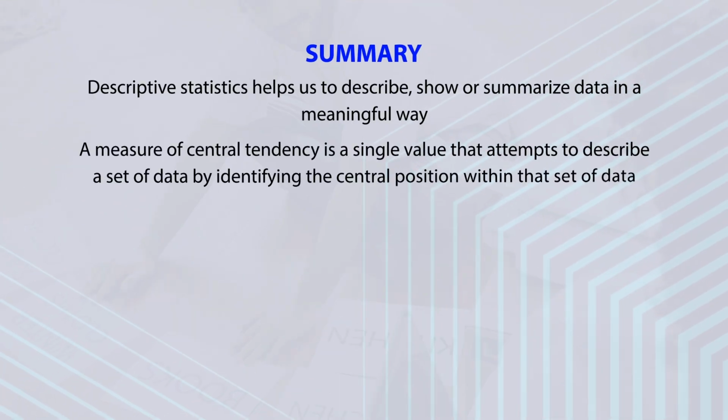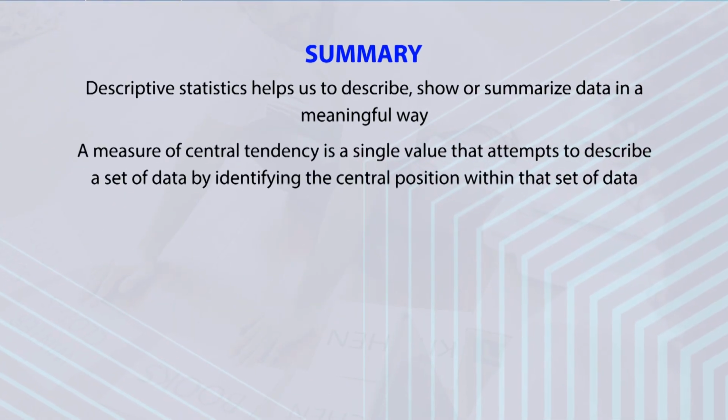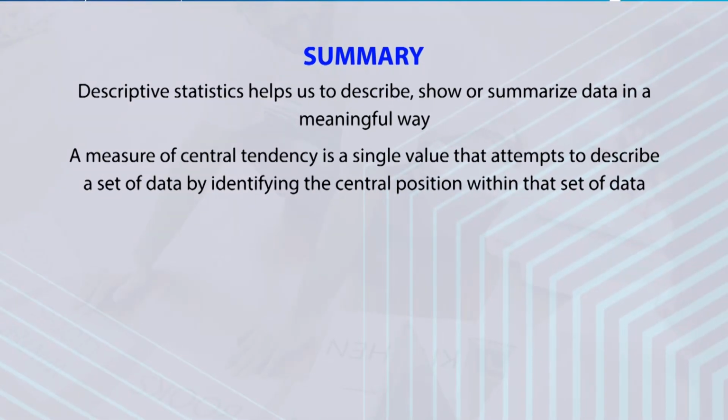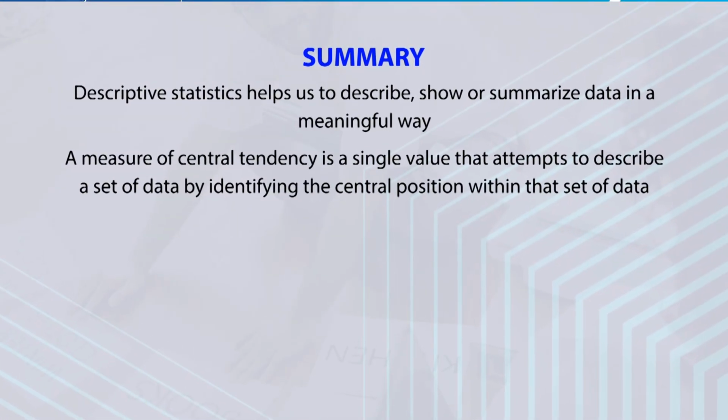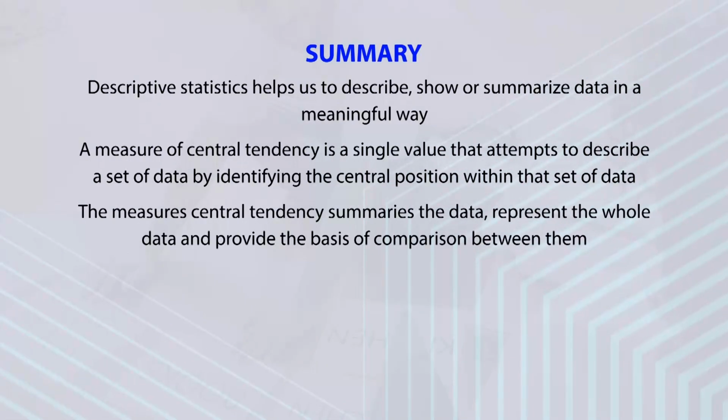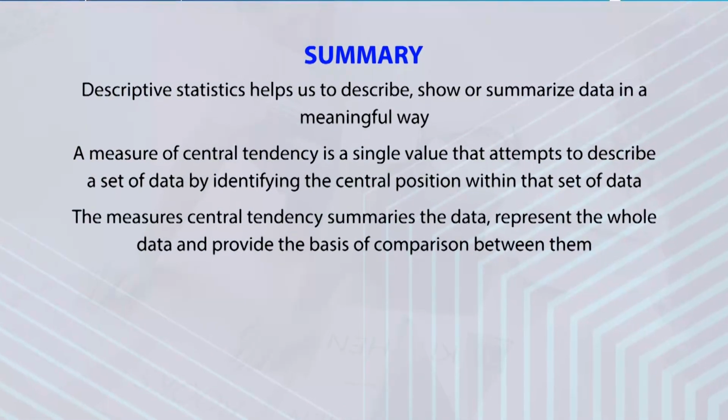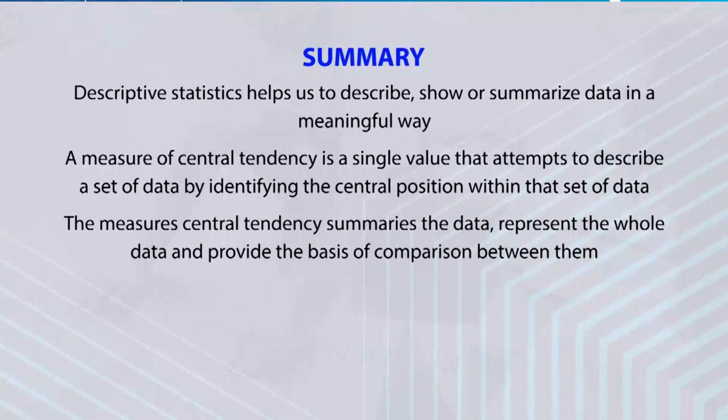A measure of central tendency is a single value that attempts to describe a set of data by identifying the central position within that set of data. The measures of central tendency summarize the data, represent the whole data and provide the basis for comparison between them.